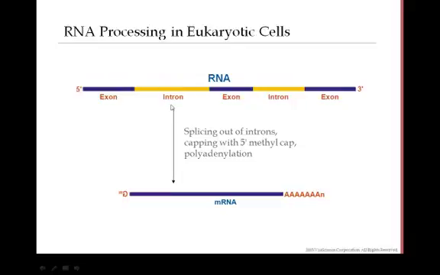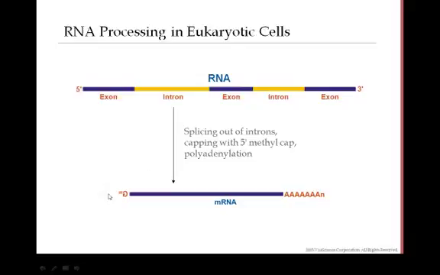The introns are intervening nucleotide sequences that ultimately are not part of the final protein sequence. And so you can think of these introns as junk. These are intervening sequences of junk. And so in order to get rid of these, the cell splices out the introns and gets rid of them to only leave the good coding exons remaining.